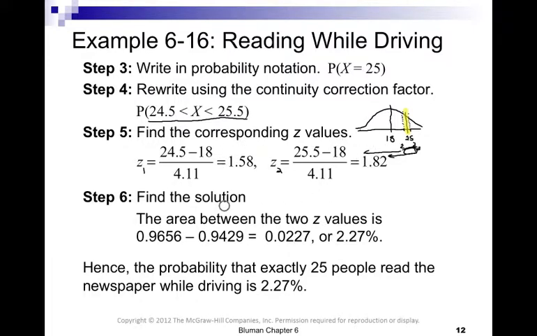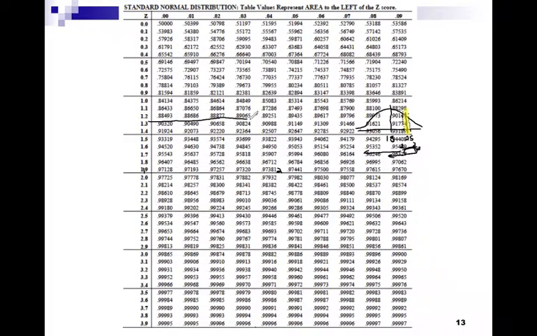So then we go down to our table. Okay, 1.58 is right here. Read over from 1.5 and down from 0.08, 0.9429 or 30, and 1.82 I think was the other one right here, 0.9656.